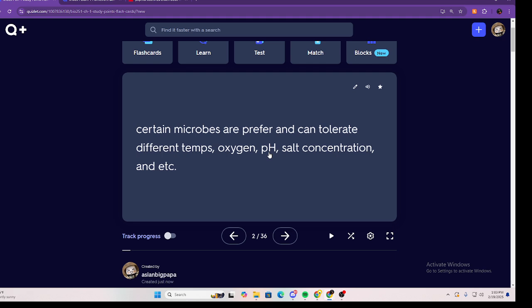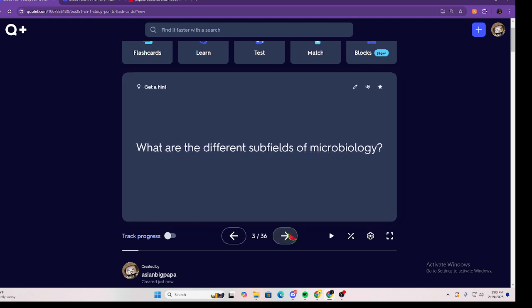So there are different microbes and bacteria that prefer and thrive in different places. That's why there are so many different bacteria and why they are basically everywhere.